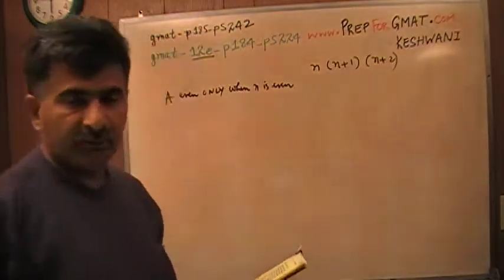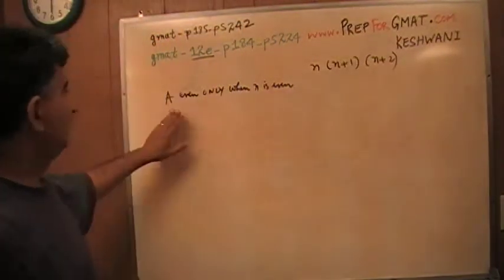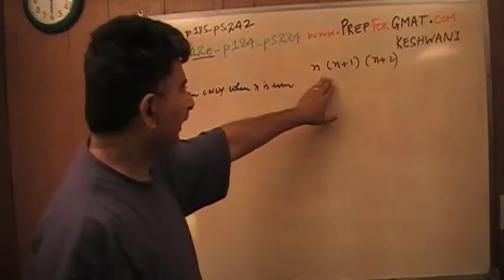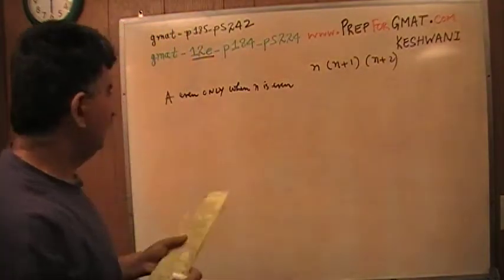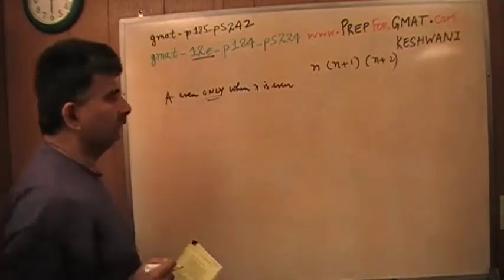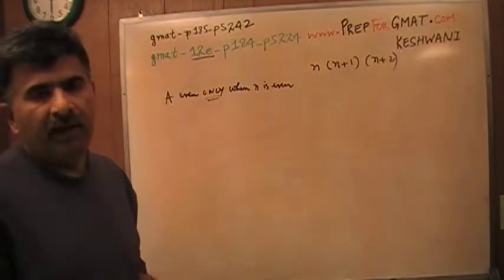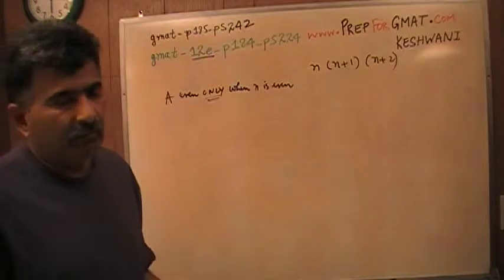The best way to take care of this answer-wise is, they're claiming that this quantity n times n plus 1 times n plus 2 is even only when n is even. So the best way to take care of it is to plug in an odd value for n and see what happens.